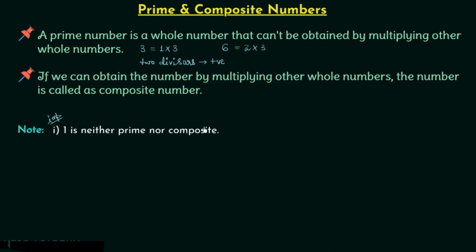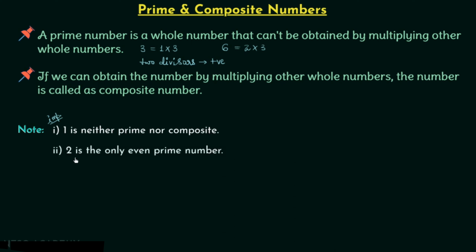Now what about the composite part? 1 is not composite because we cannot have 1 after multiplying two other whole numbers. We can have 1 by multiplying 1 with itself. So 1 is neither prime nor composite.